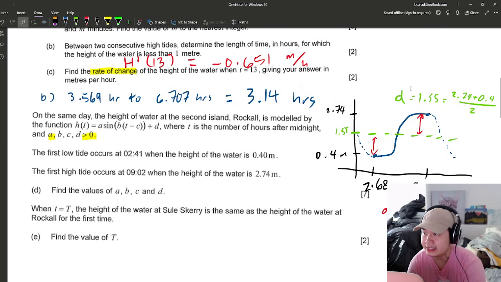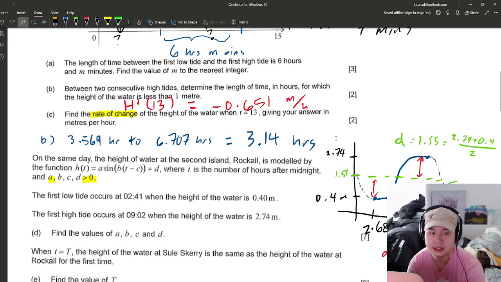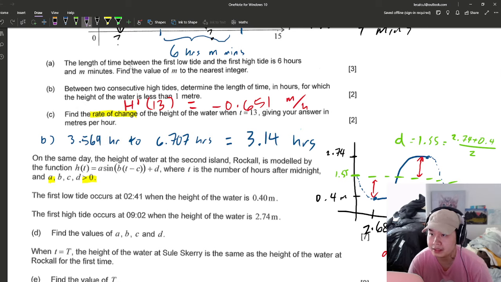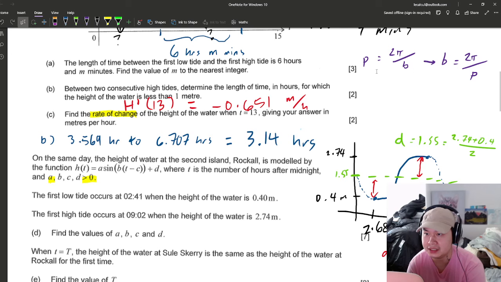Okay, the next thing is B. So I'm going to write it up here. Let's use purple. Okay, so you know that the period is 2 pi compressed by B, divided by B, which means that we can also calculate B if we know what the period is, because we just switch these two values here.